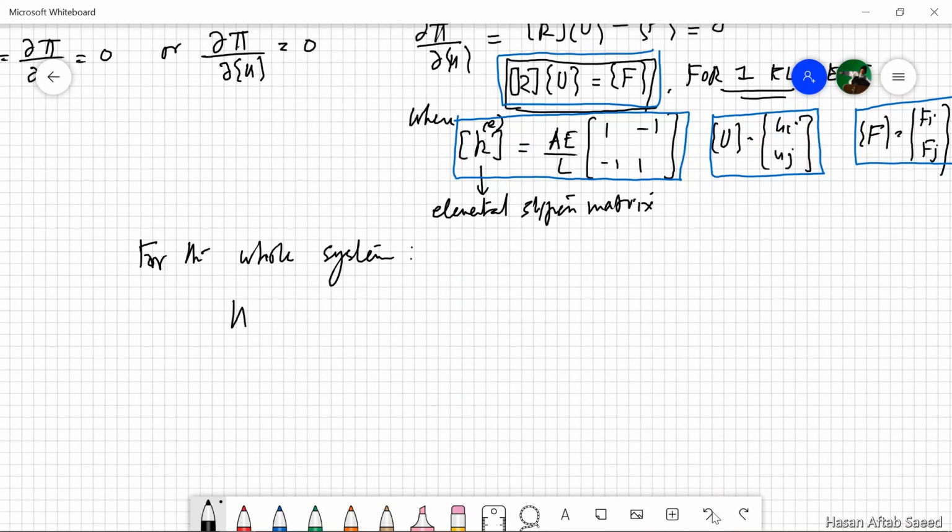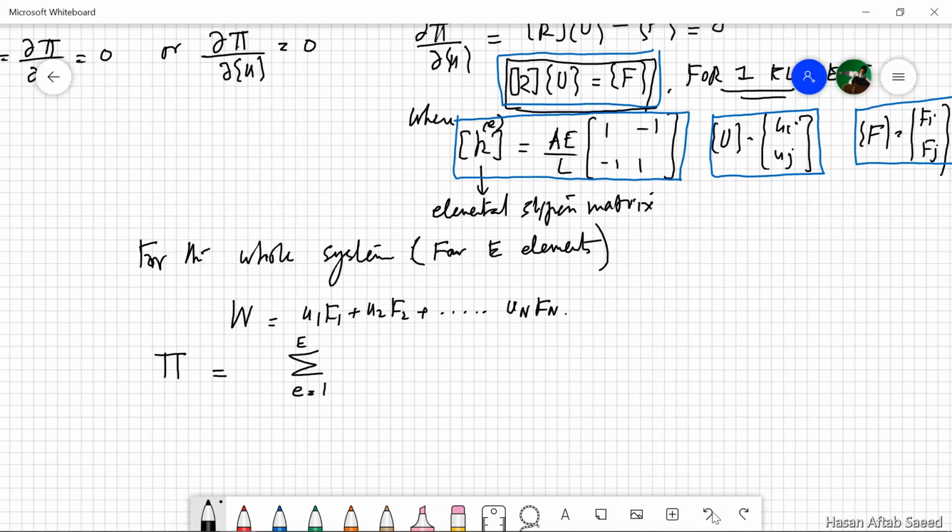The expression for W takes the form of U1 F1 plus U2 F2 plus until we get Un Fn, the last force. Similarly, the expression for potential energy will take the form from one element to the total number of elements. E, let's call it for E elements. E is the total number of elements in the system.